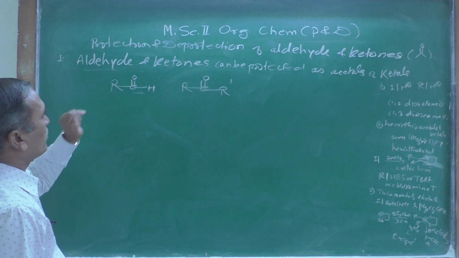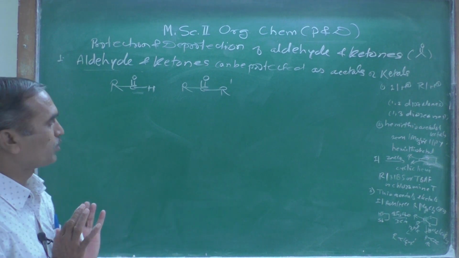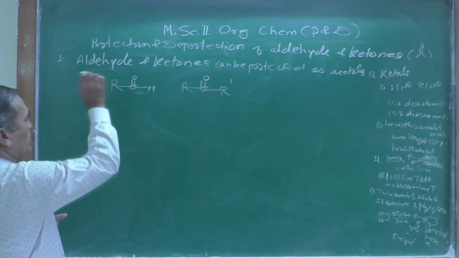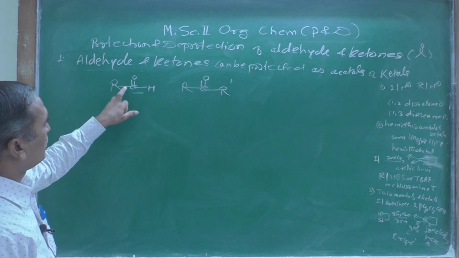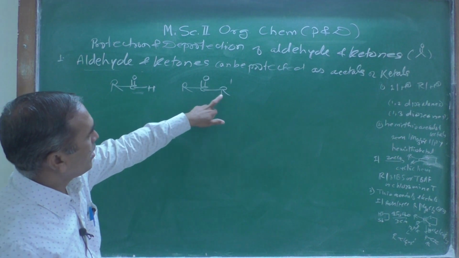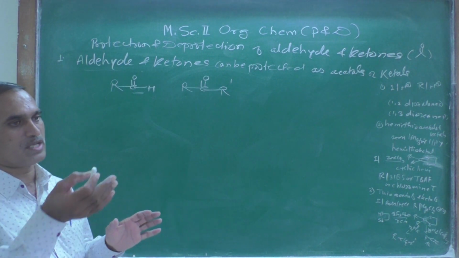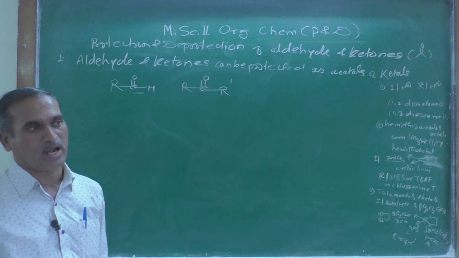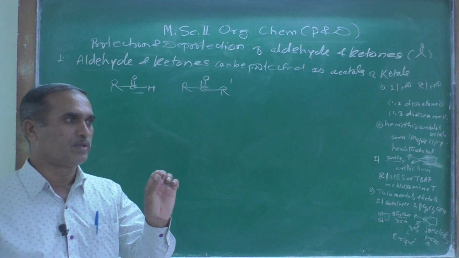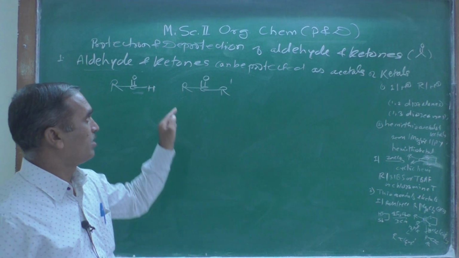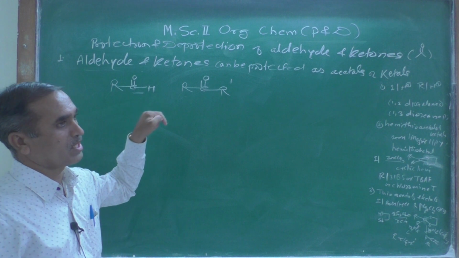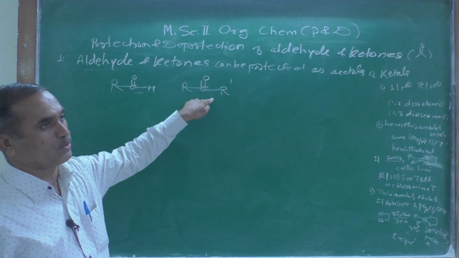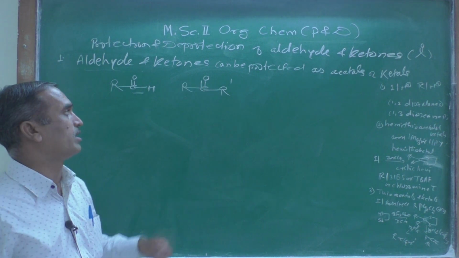If you look at the R group here, let us consider it an electron donating group. Assume that an alkyl group is generally electron donating. It exerts a plus I inductive effect, and here there are two R groups. When they give electrons to the carbonyl carbon, which is electrophilic in nature, it gets destabilized due to the electron donating groups, or the charge gets dispersed there.